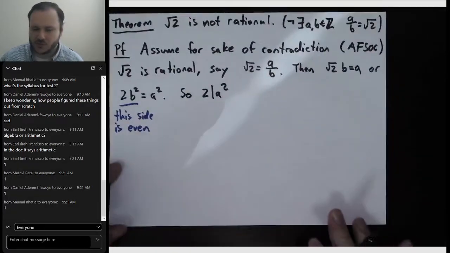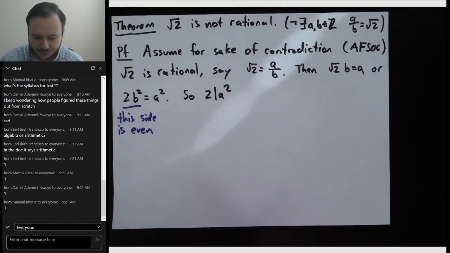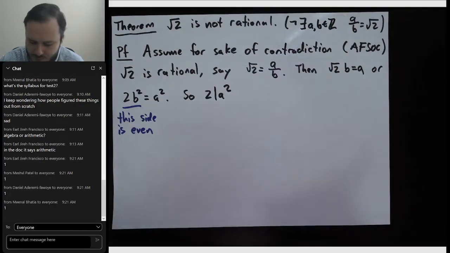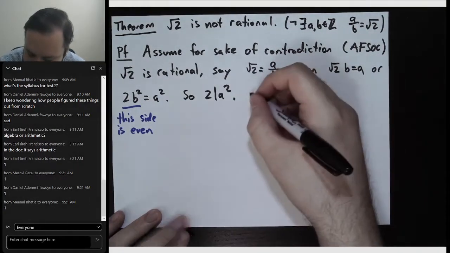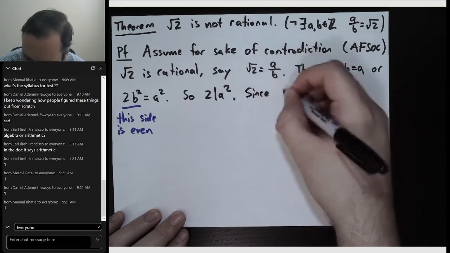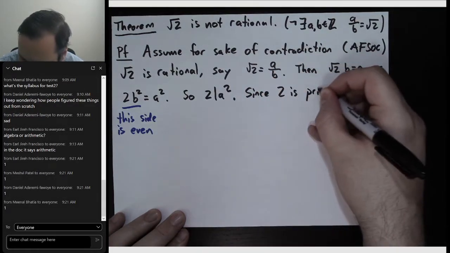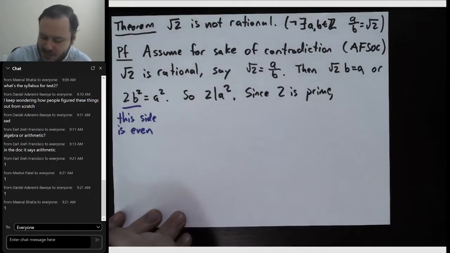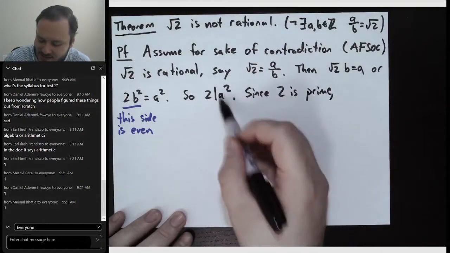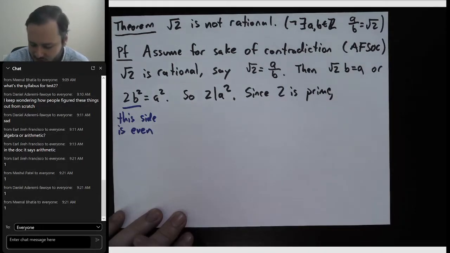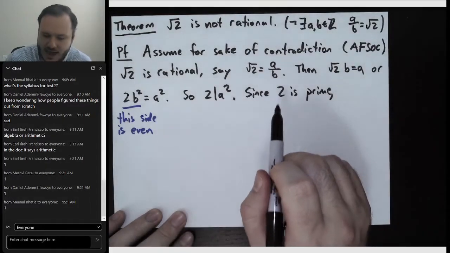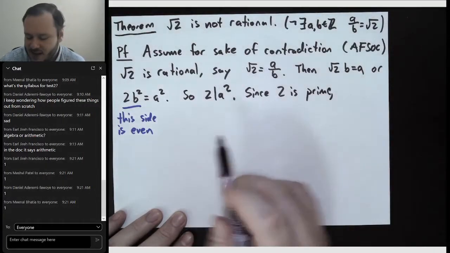2 must be a multiple of a squared. Since 2 is prime, our last theorem says if 2 divides two things being multiplied together, it has to divide a or it has to divide a.